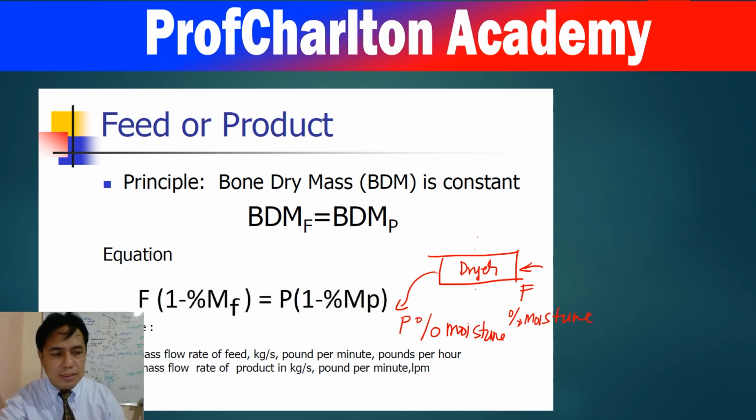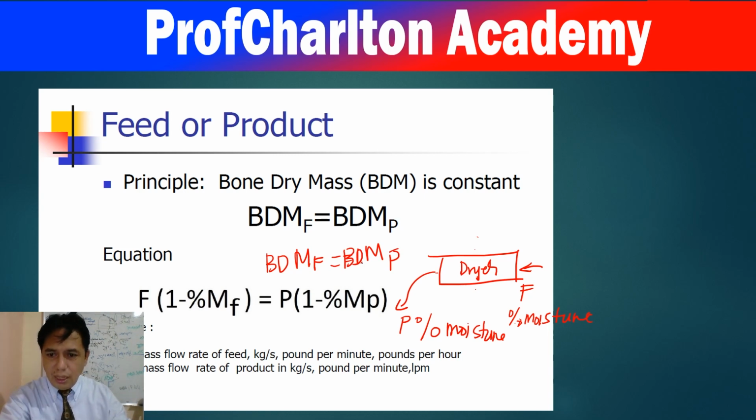The bone dry mass by principle in a dryer is constant, meaning the mass coming in is the mass coming out. So how do we put that here? Bone dry mass of feed equals bone dry mass of the product.